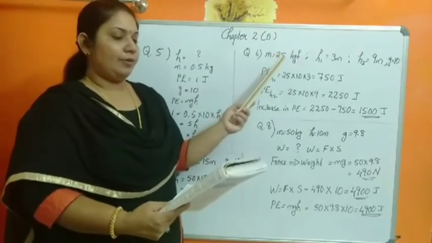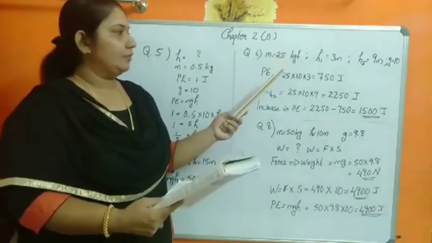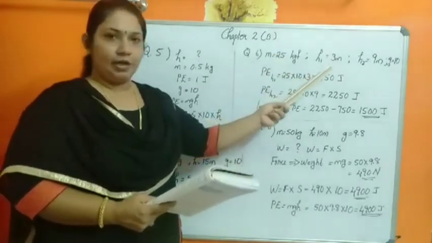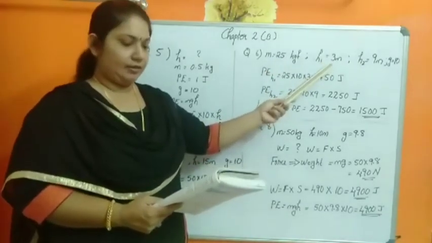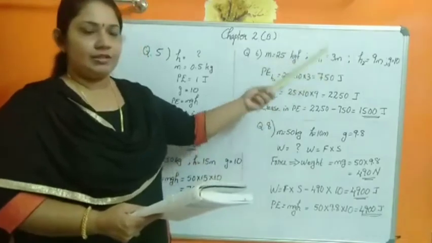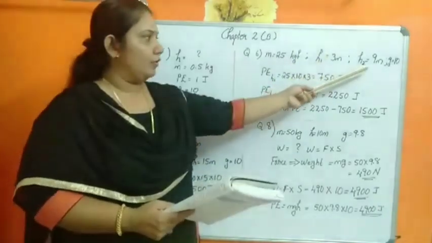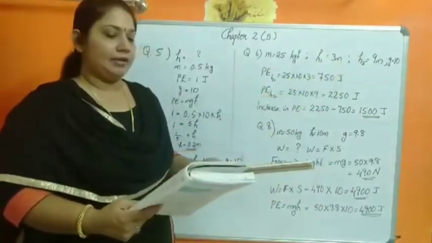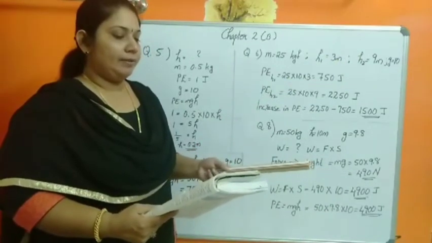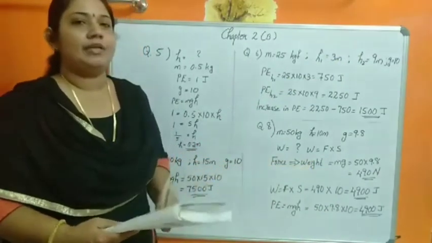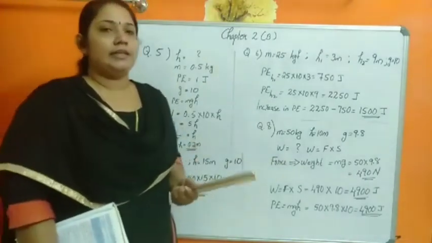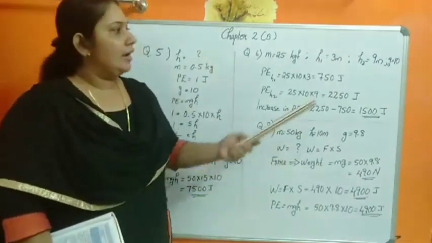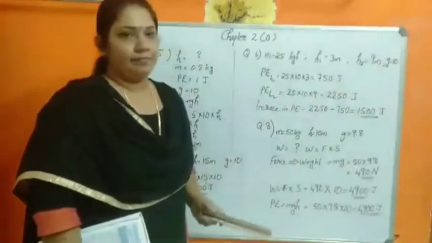He climbs up from the first floor at a height 3 meter. So right now he is at the first floor and the height of the first floor is 3 meter. From here he started his journey and reached the third floor at a height 9 meter. What will be the increase in his gravitational potential energy? You are asked to find the increase in gravitational potential energy and g is given as 10.